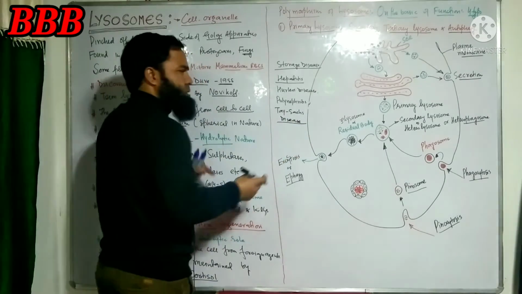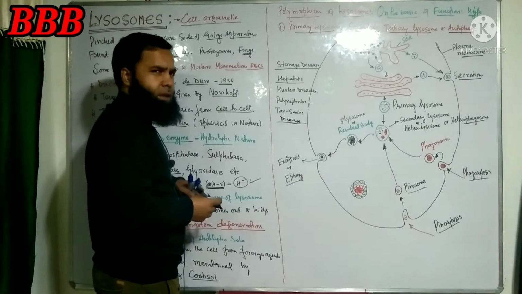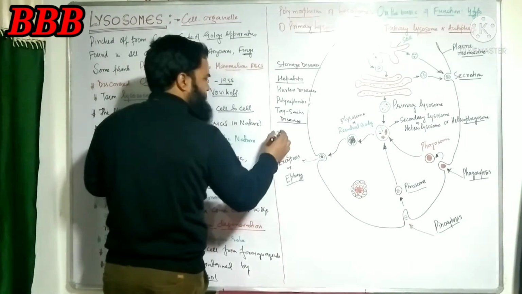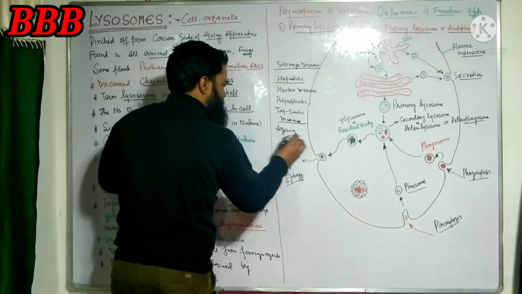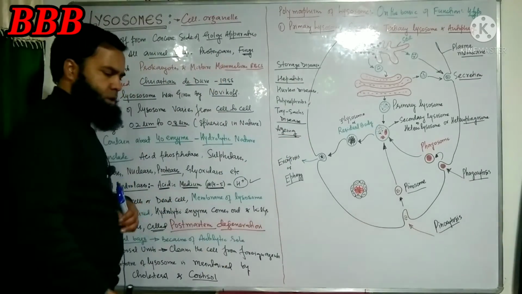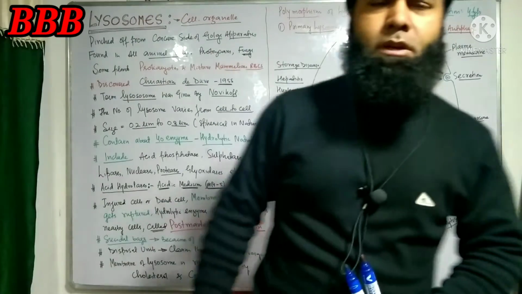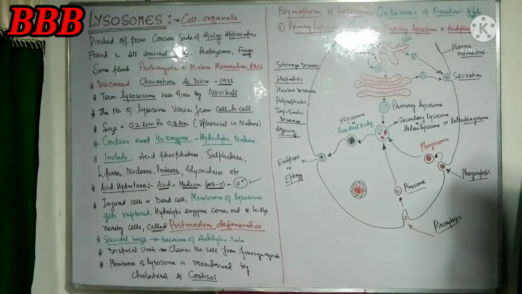When there is an accumulation of the residual body inside the cell, there is a disease called hepatitis, Hurler's disease, polynephritis, and Tay-Sachs disease. An accumulation of the residual body inside the cell also leads to aging. I hope that you are getting the information which I am keeping in front of you.